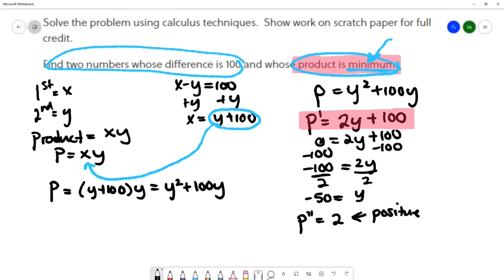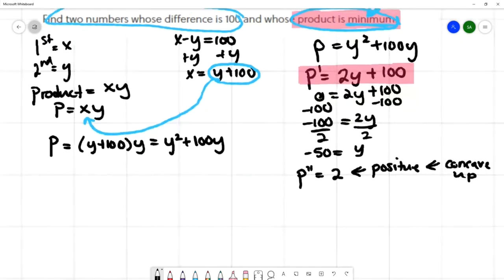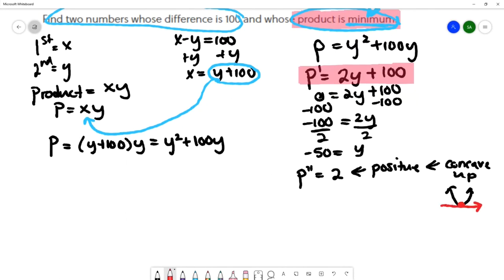And when the second derivative is positive, that means concave up. And concave up means that we have a minimum at our critical number. Critical number means we have a horizontal tangent line. Concave up is that up facing, and so that creates a minimum at the critical number.